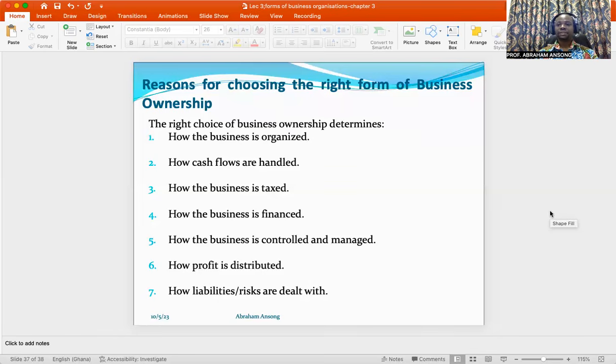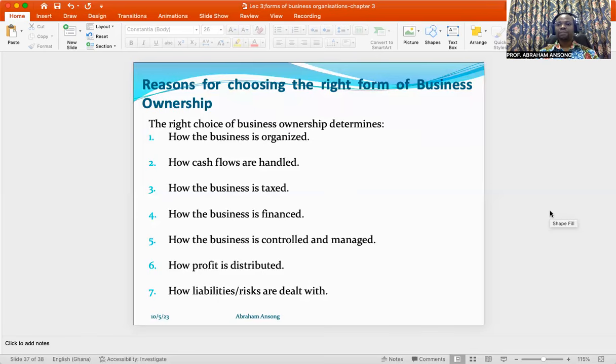How profits are distributed. So the profits of the business in the case of sole proprietorship and partnership are the same as the monies for the owners of the business. Okay. So in partnership, they decide based on their partnership how they want to share their profits. Or generally, they may share this profit equally among themselves. And sole proprietorship, it is the sole proprietor that takes all of the profit.